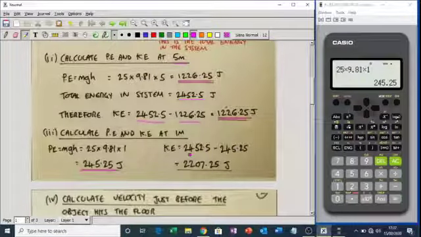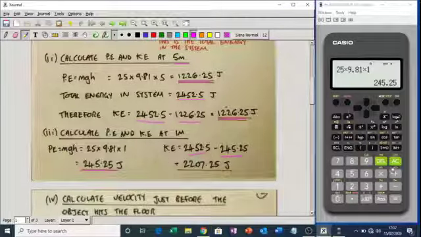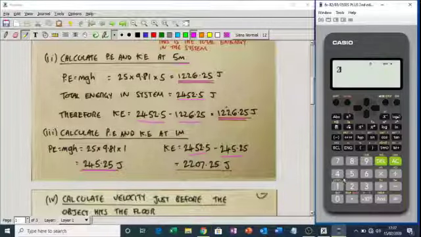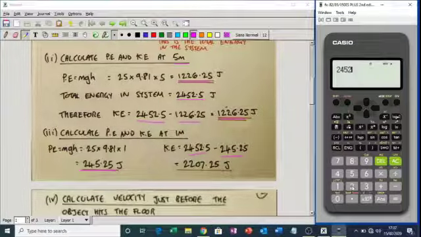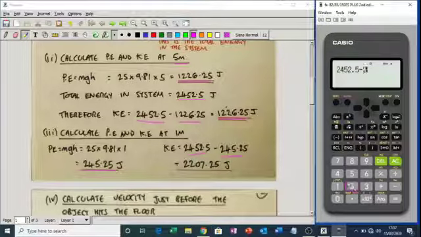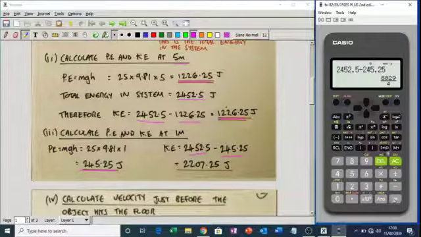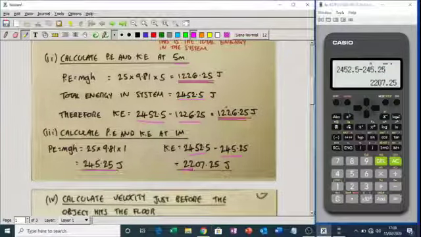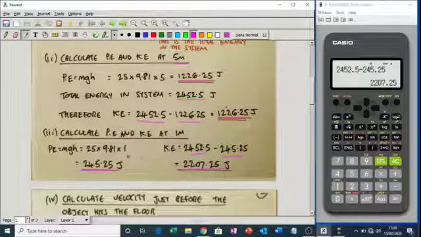So that's the total energy, and that's my PE at 1 meter. So the difference will be kinetic. 2452.5 take away 245.25. So 2207.25 is the kinetic energy at 1 meter from the floor.